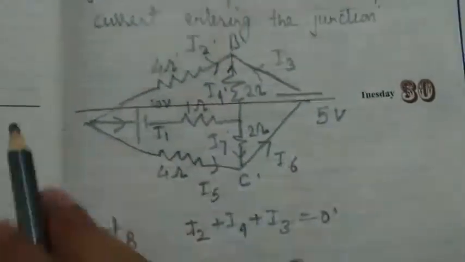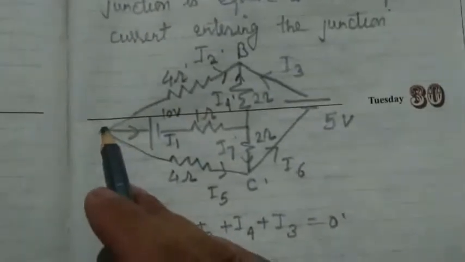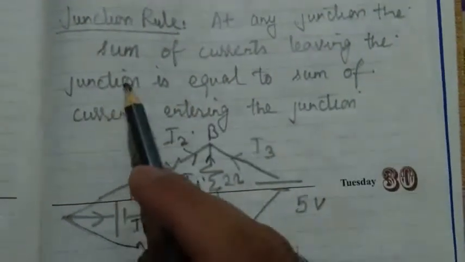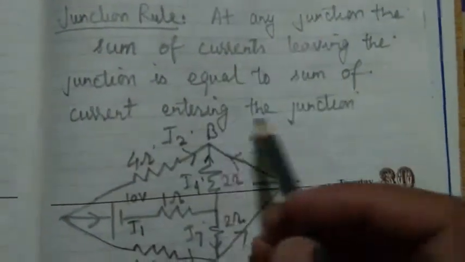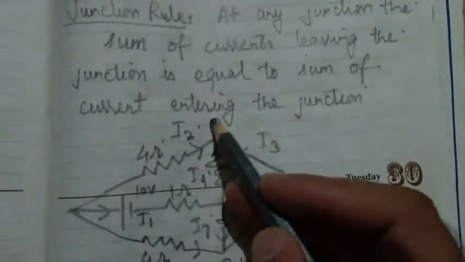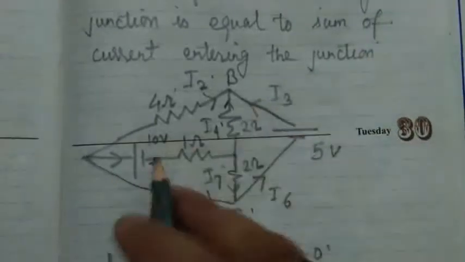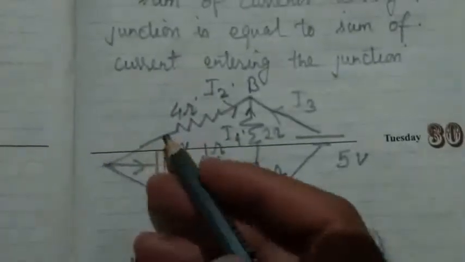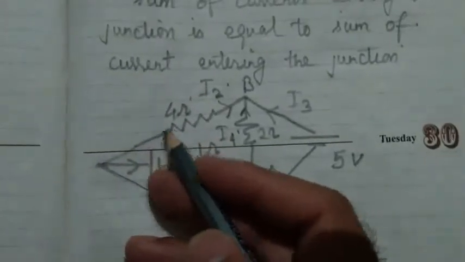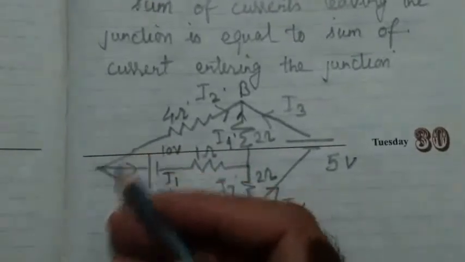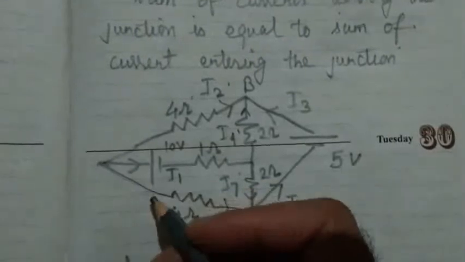Now the rule is that at any junction the sum of currents which are leaving and the sum of currents which are entering, their sums will be equal. So this is very simple. Suppose there are pipelines and water is coming from this pipe, so the same water will leave from these pipes.